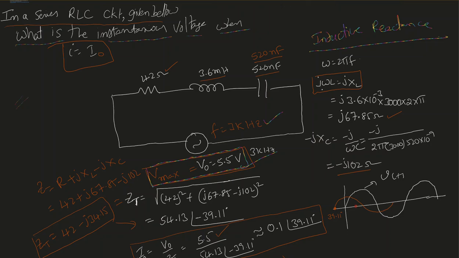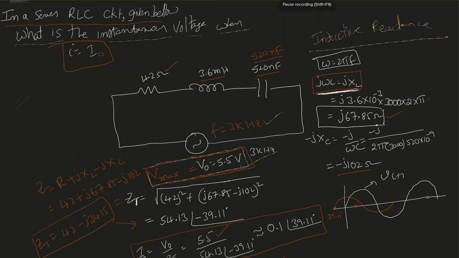So inductive reactance jXL is j omega L, and omega is nothing but 2 pi f. So j times 3.6 times 10 to the power of minus 3 times 3000 times 2 pi. I found j omega L as j 67.85 ohm. That is the inductive reactance.